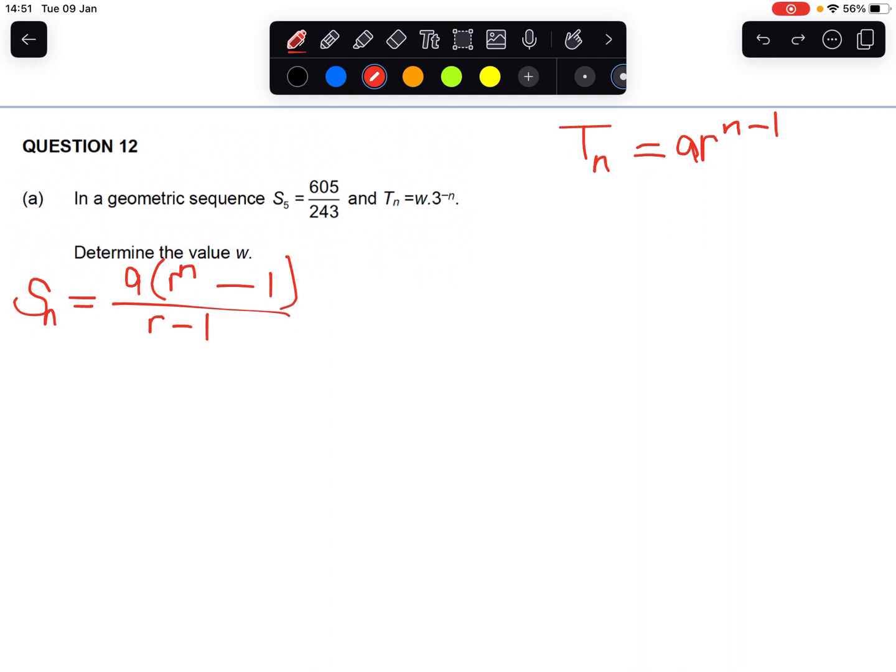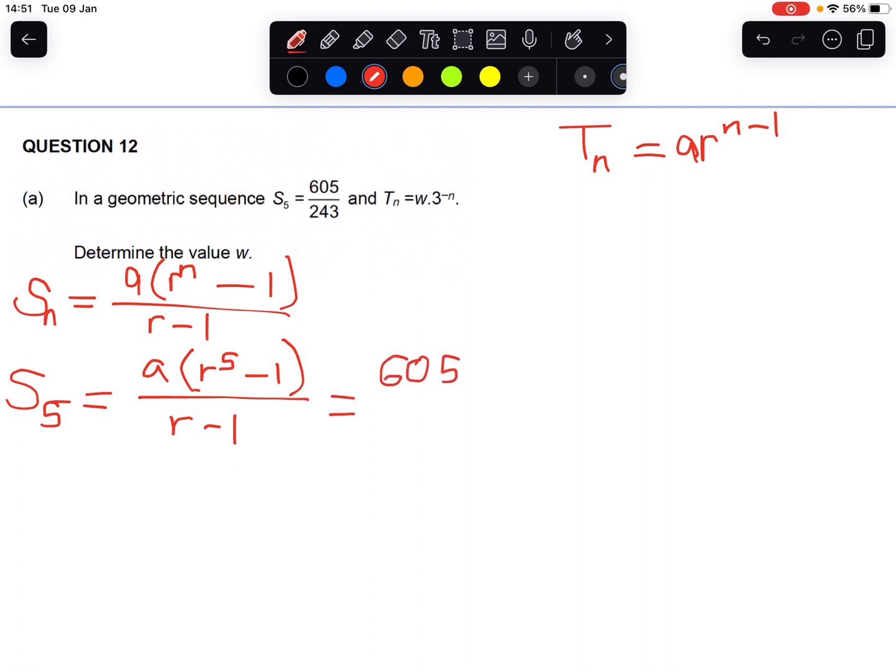So S5 would then be equal to a times r to the power of 5 minus 1 divided by r minus 1, which would be equal to 605 divided by 243.